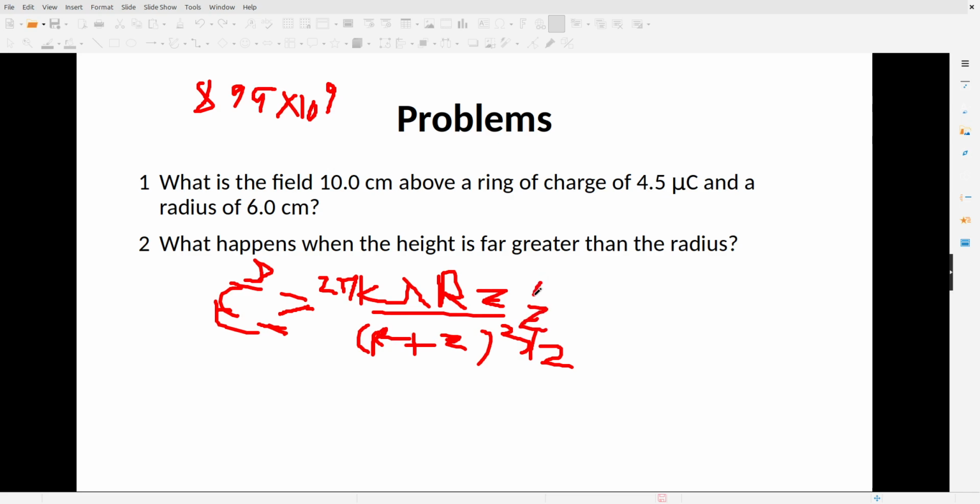This is your z hat direction. K is still 8.99 times 10 to the 9.